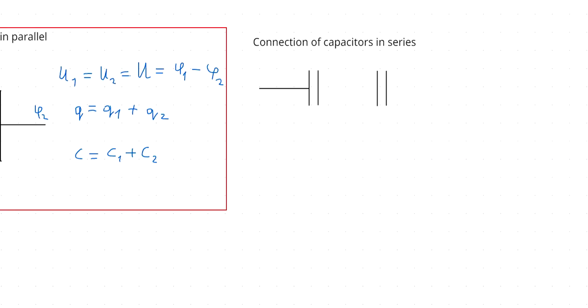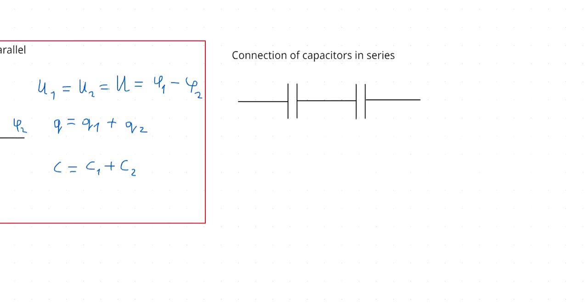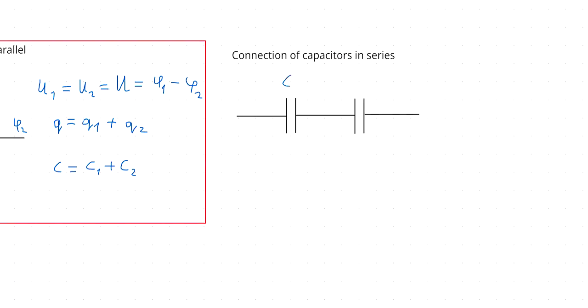And here is the connection between them. Okay, this is a connection of capacitors in series, and the capacitances of them are known. The first capacitance is C1, and the second capacitance is C2.